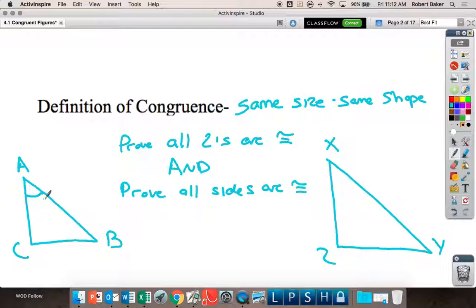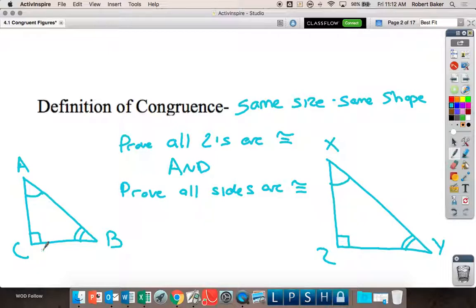Angle A is congruent to angle X because they are marked as congruent. And then we'll use two arcs like angle Y and angle B are congruent. And we'll use another mark like this angle is congruent to this angle. So if you make a little checklist, you have 1, 2, 3 pairs of congruent angles.